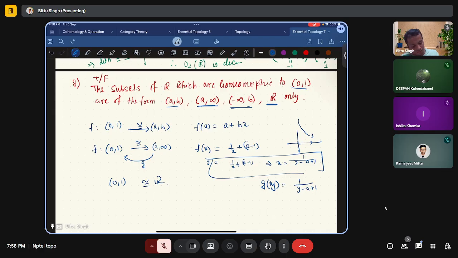Now, other than those intervals, is it possible for any other subset to be homeomorphic to open 0 1? Is there any set which does not belong to this collection, but is homeomorphic to open 0 1?